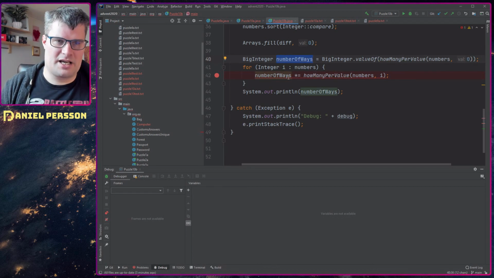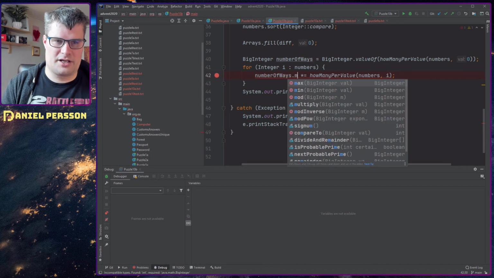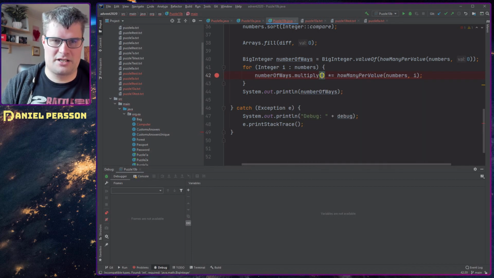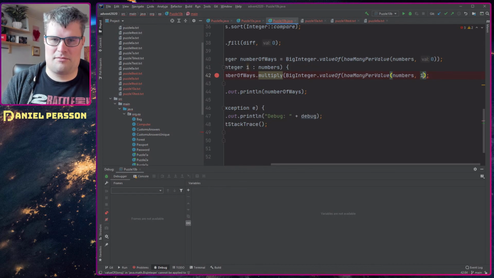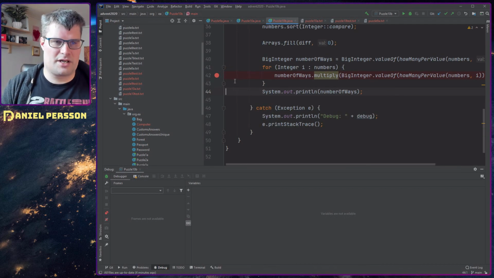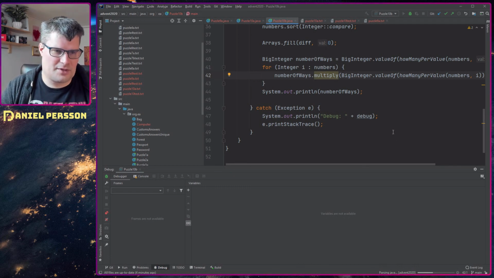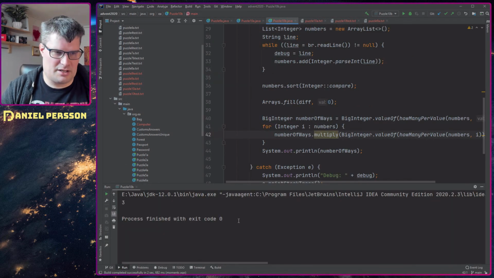And then we will take this big integer and multiply it with this value here, which is a big integer value of, like that. And there is a toString for this one. So let's see if we get a huge number this time.